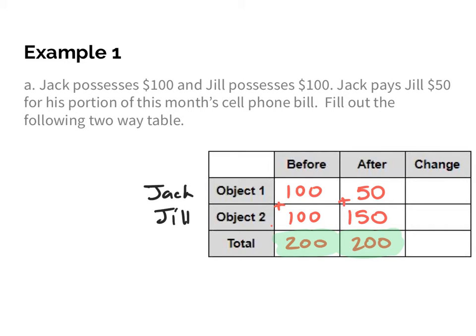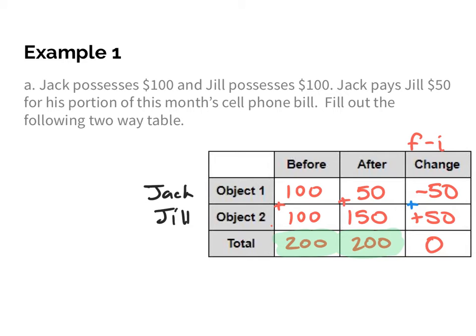But when we look at the change, and think of the change as final minus initial, Jack goes from 100 down to 50. So Jack lost $50, where Jill went from 100 up to 150, so Jill gained $50. So if you take negative 50 plus 50, you're going to see that the overall change is 0.